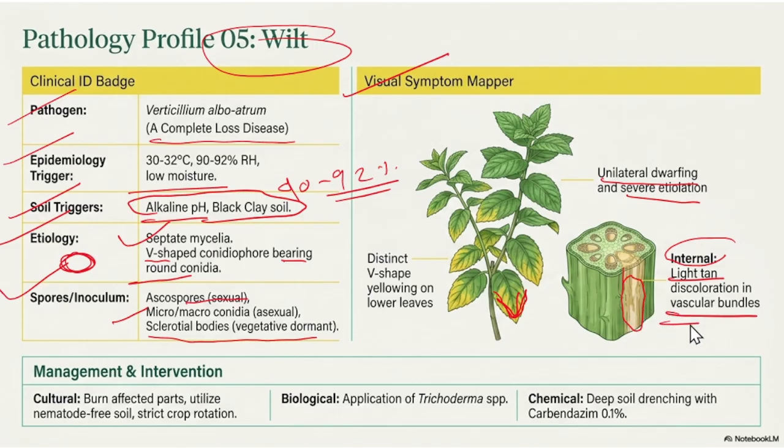So the management strategy: culturally, burn the affected parts, utilize nematode-free soil, and practice crop rotation. Crop rotation is also needful, and also nematode-free soil. Then for biological control, Trichoderma species was used. Chemically, deep soil drenching with 0.1% carbendazim is beneficial for the control of the disease.